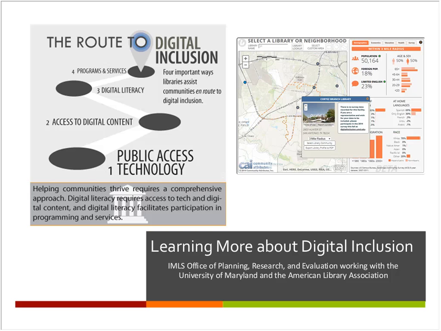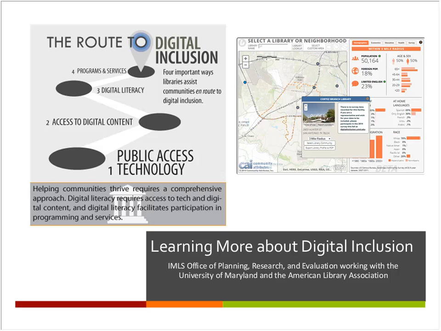So when we think about the idea of digital inclusion, we're talking about the ability of individuals and groups to access and use information and communication technologies. We funded the Information Policy and Access Center at the University of Maryland and the American Library Association Office for Research and Statistics to develop a digital inclusion interactive map.